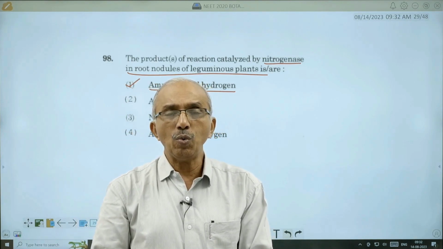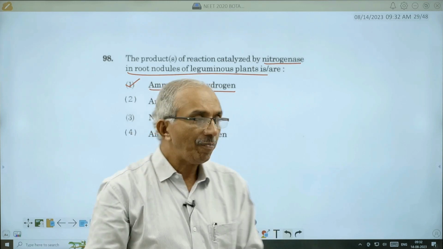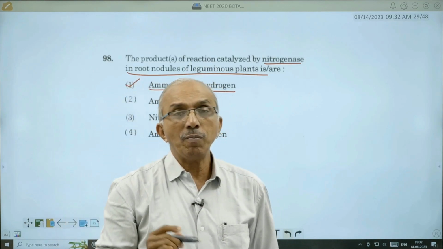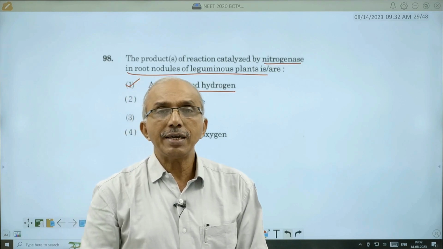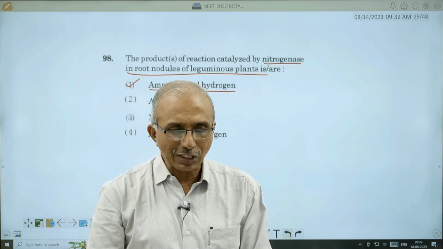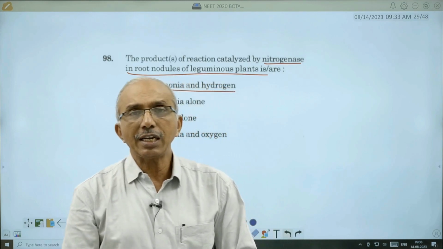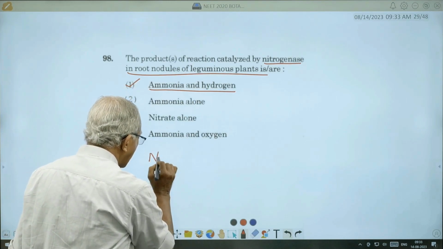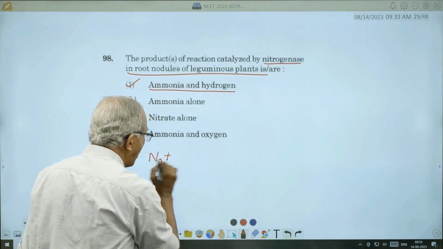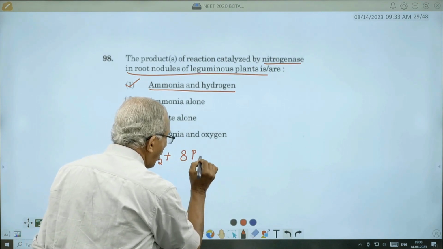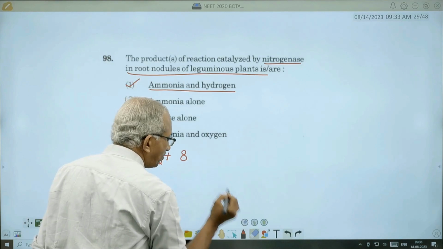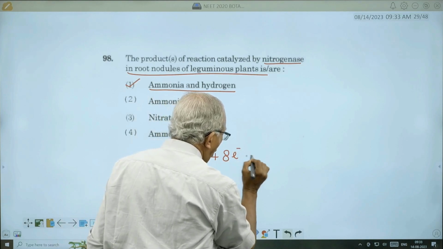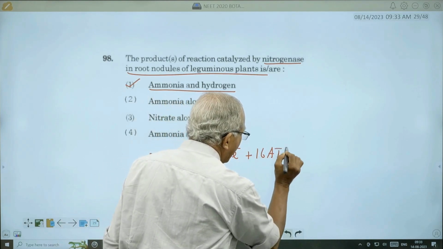That is, two molecules of ammonia are formed from one molecule of nitrogen. So the products of nitrogen fixation are ammonia and hydrogen. Here, nitrogen combines with 8 H+, 8 electrons and 16 ATP.